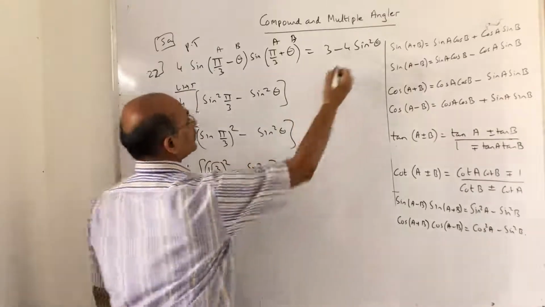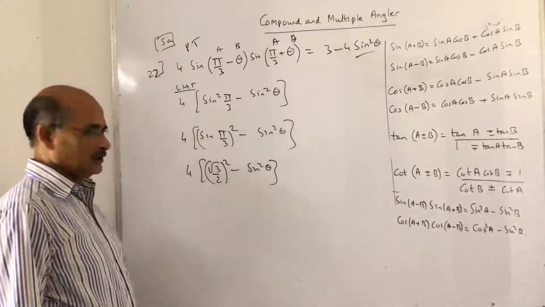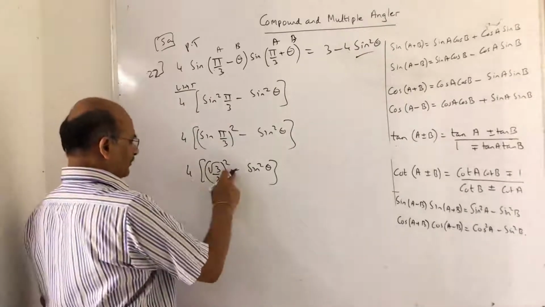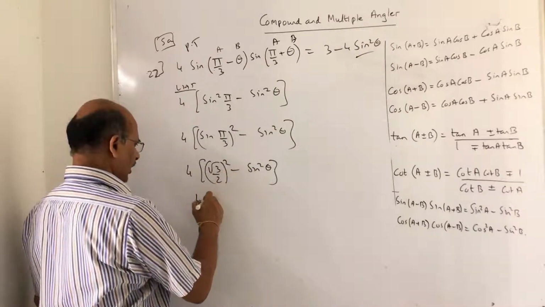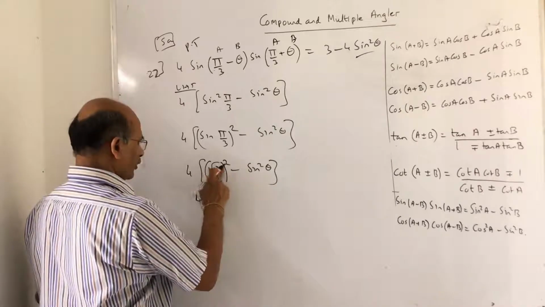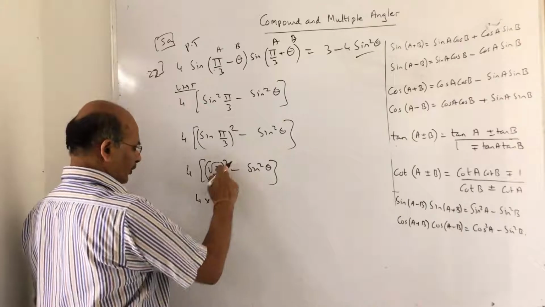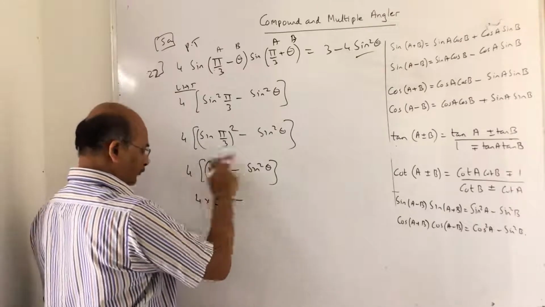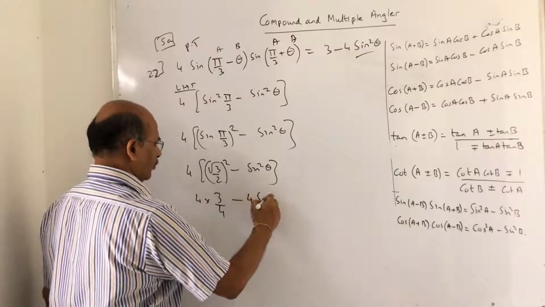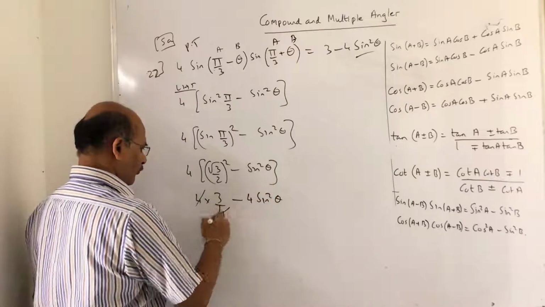I am not touching this because in the proof they are asking you sine square theta. So if I open up, what will happen now? 4 into, now just understand what it is, root 3 square is 3 and 2 square is 4 because the square applies to both. Minus, take this 4 here also inside, 4 sine square theta. 4 gets cancelled.